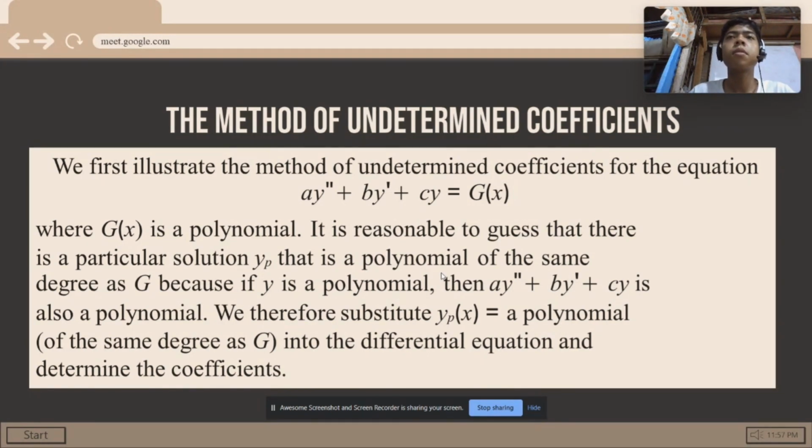It is reasonable to guess that there is a particular solution y sub p that is a polynomial of the same degree as g, because if y is a polynomial, then ay double prime plus by prime plus cy is also a polynomial. We therefore substitute y sub p of x, a polynomial of the same degree as g, into the differential equation and determine the coefficients.